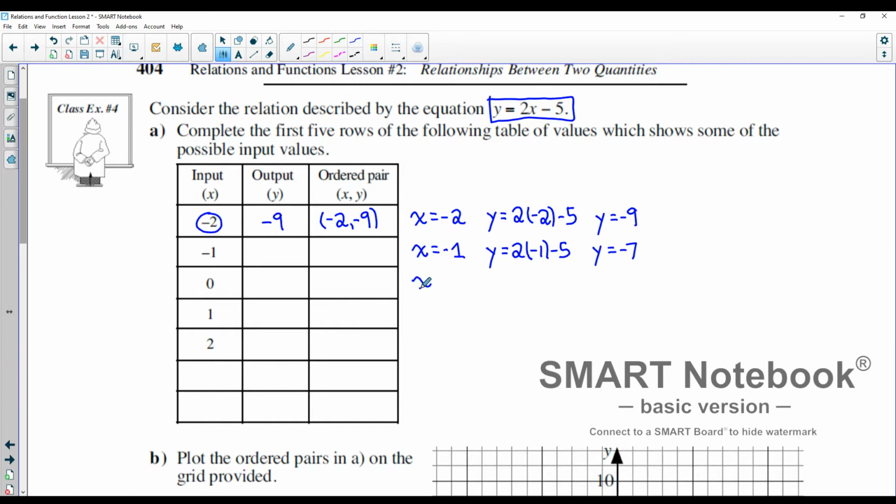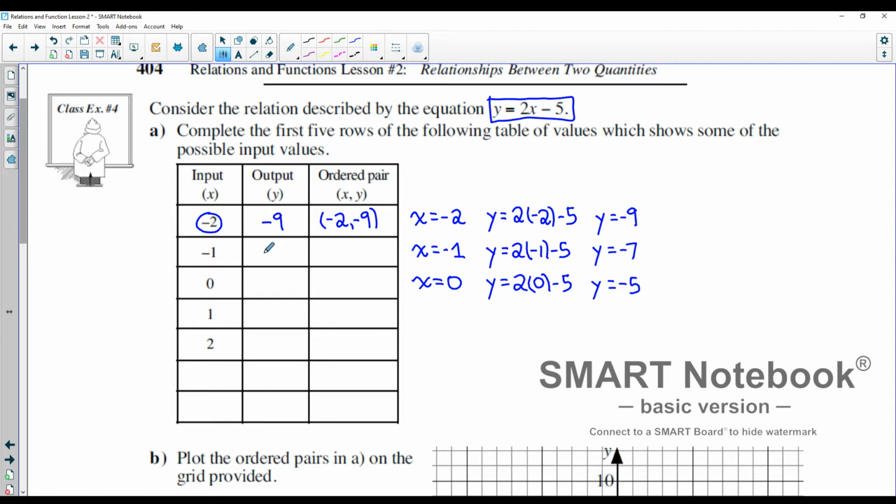Third input, we have x is equal to 0. So I'd have y is equal to 2, and then multiply by 0, and then subtract 5. 2 times 0 is 0. Subtract 5 would be -5.